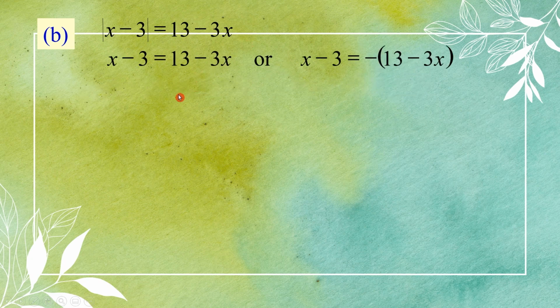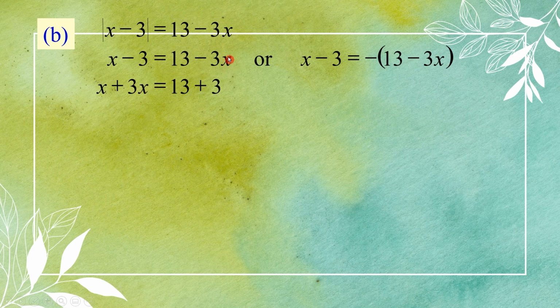So let's look at what's the difference in the calculation. By using the definition again, x - 3 equals the positive function here, and x - 3 equals a negative function, 13 - 3x.